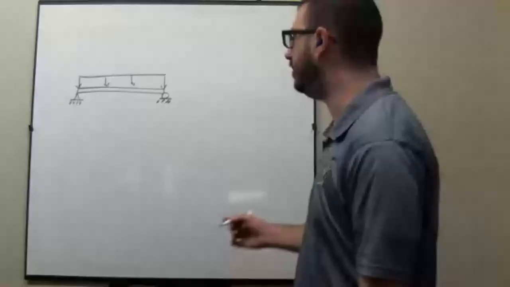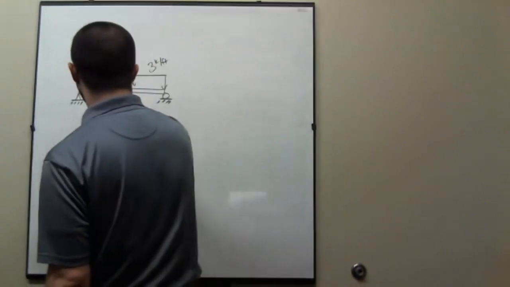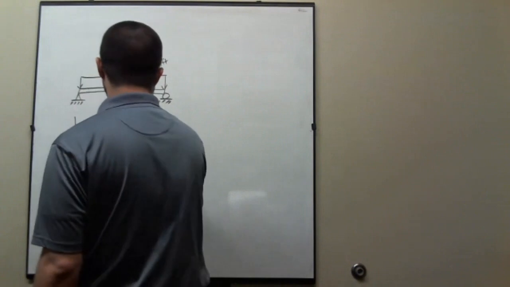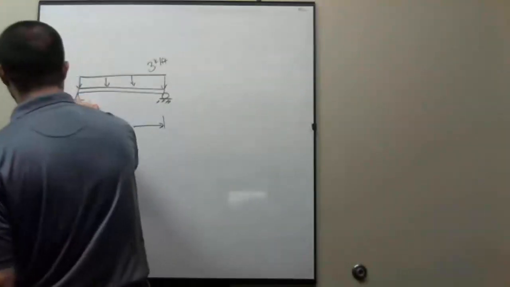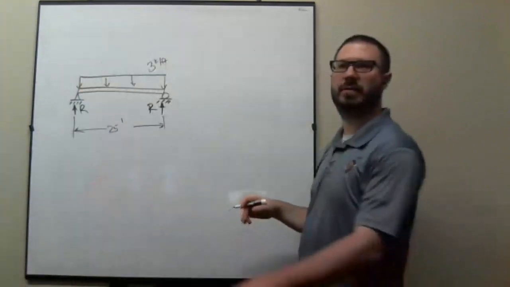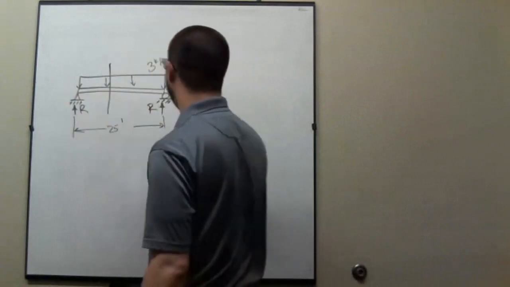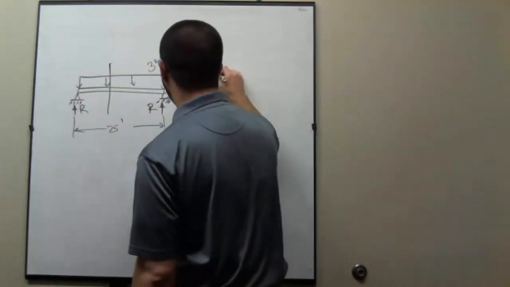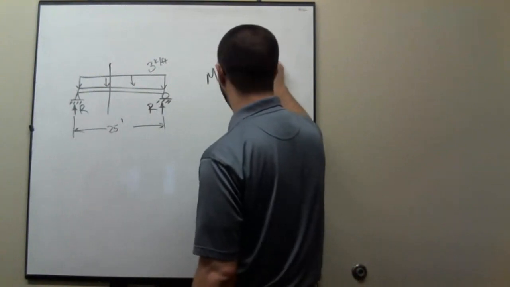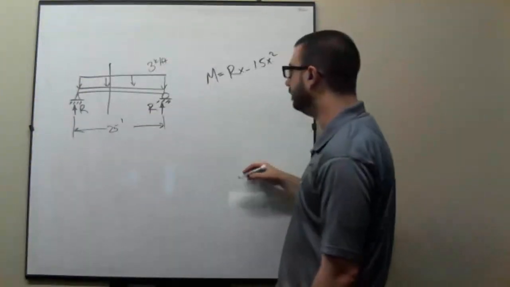everybody's clear on how you would do this problem, right? This is 3 kips per foot. This is a 25-foot long beam. We can have some reaction here, some reaction there. And so if I have a reaction here, cut a section, look that way, you're going to get a moment function that's something like R times x minus 1.5 x squared, because 3x times x over 2.